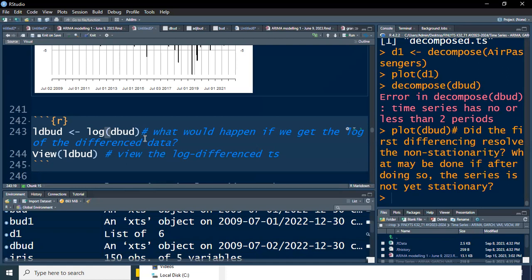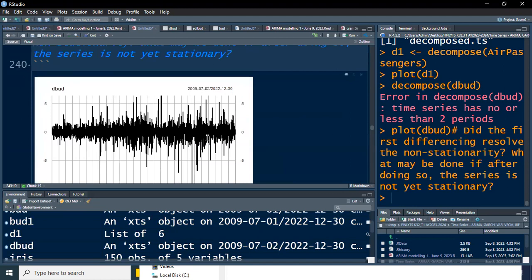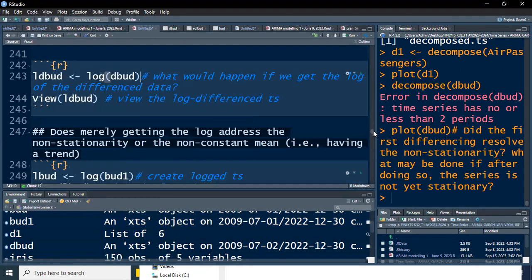So what can be done is to get the log. Although in our case, you don't need to get the log because our data already looks stationary, and it doesn't look like non-constant variance. There are volatility clusterings here, but that does not necessarily indicate that there's non-constant variance.